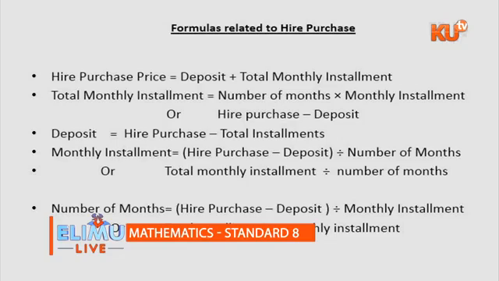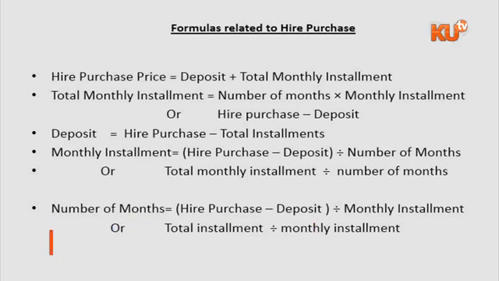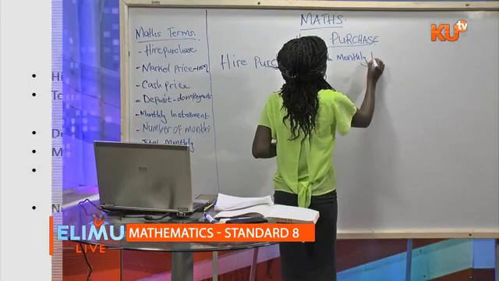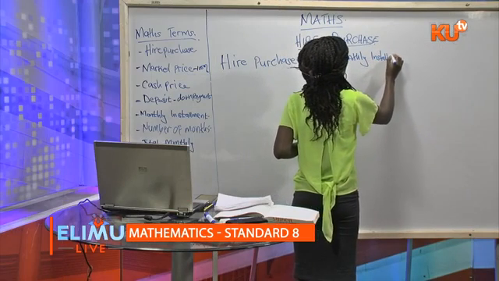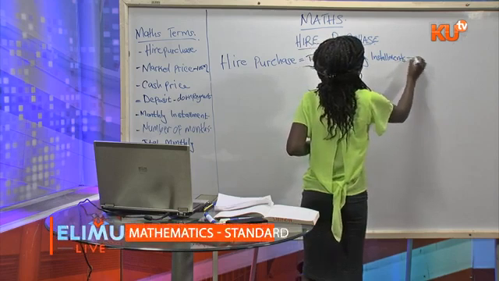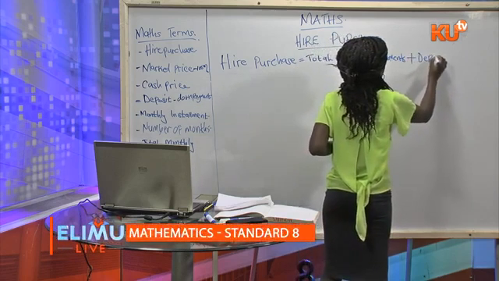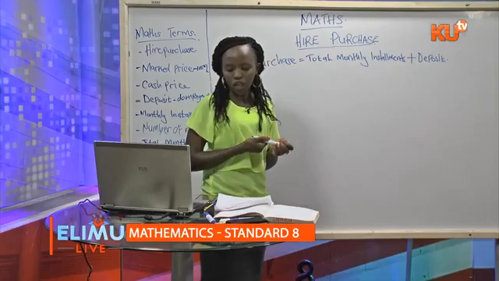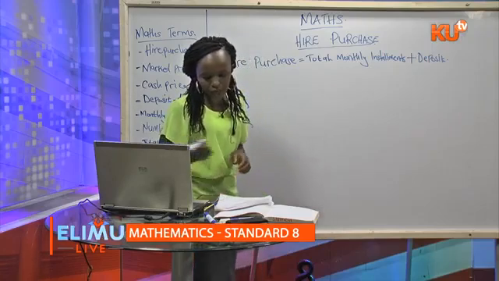Number one, for me to get the hire purchase price, I'm going to take the total monthly installment plus the deposit. Total monthly installment plus the deposit, you get the hire purchase price.